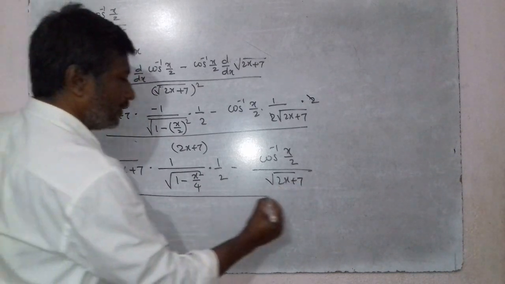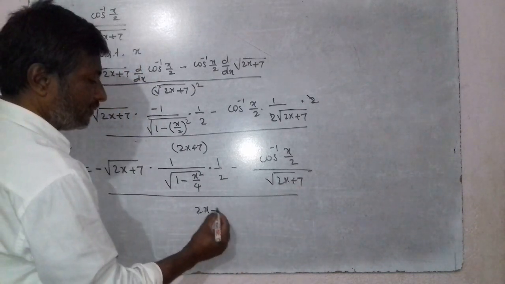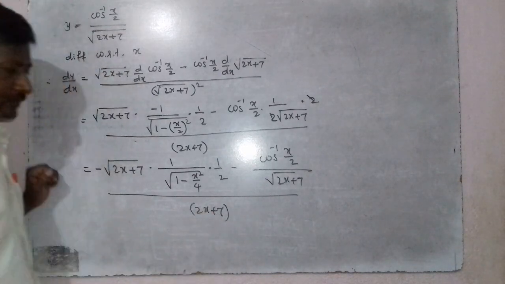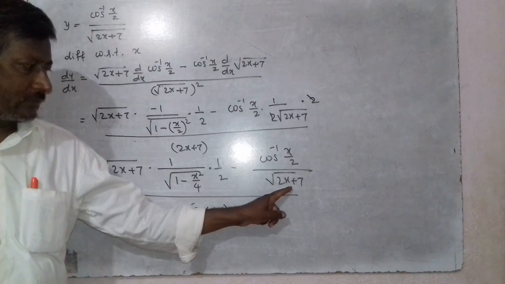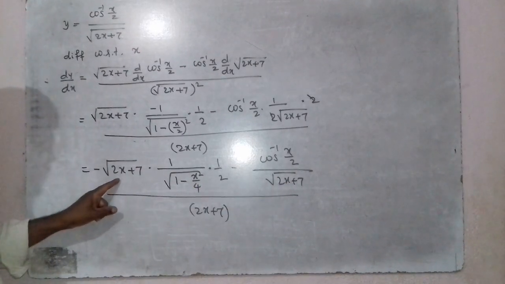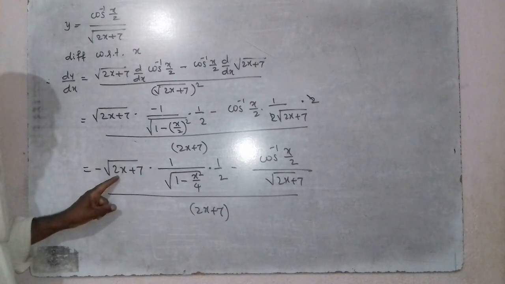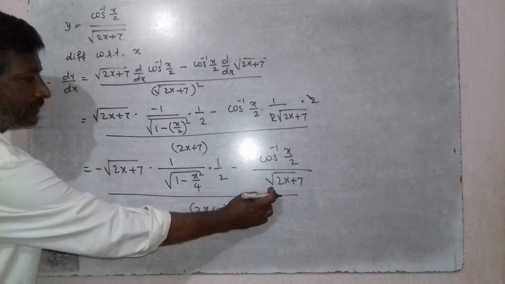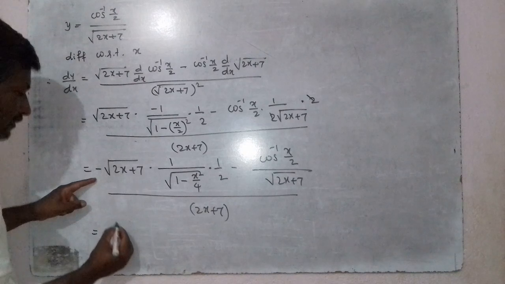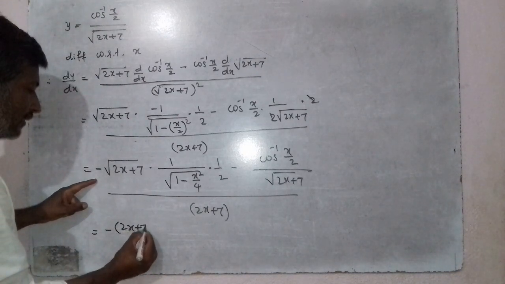This whole divided by 2x plus 7. So here root 2x plus 7 is the LCM. Multiply this with the expression. This equals, take this LCM, minus (2x plus 7).